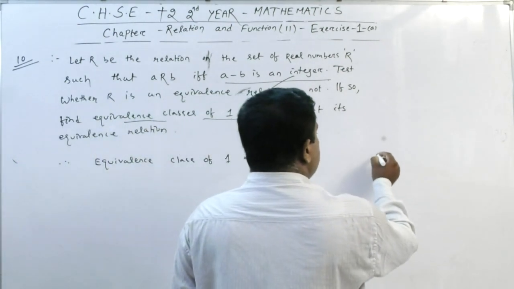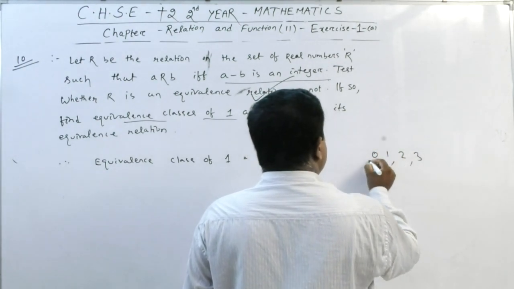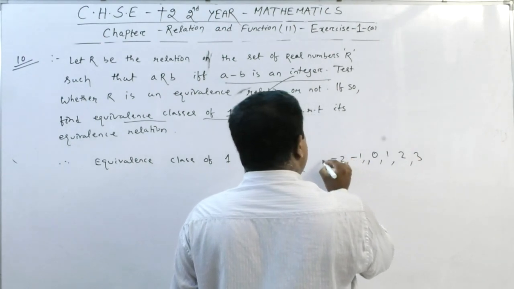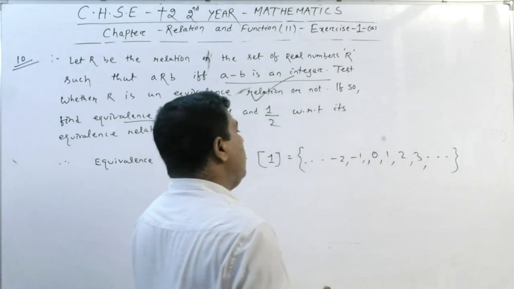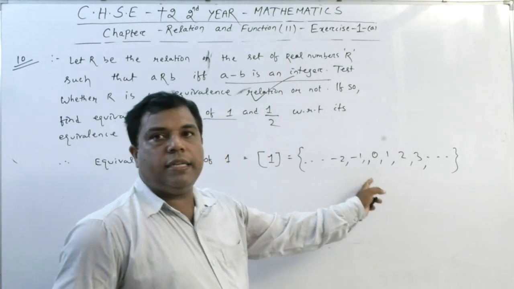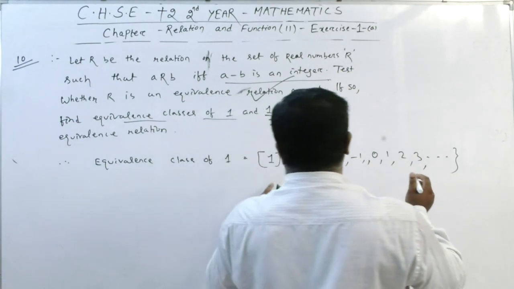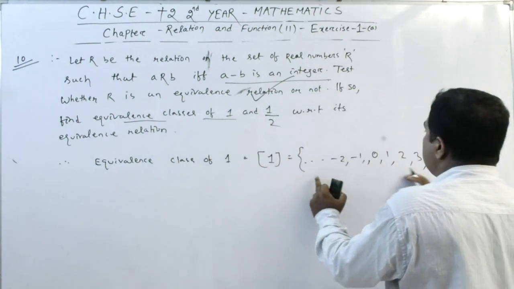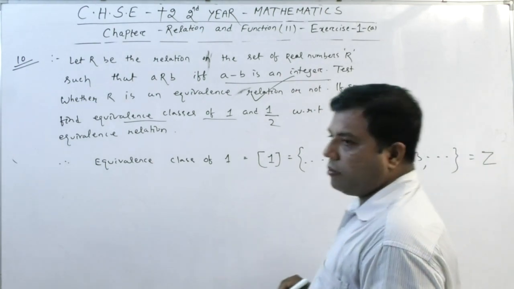It is 0, 1, 2, 3, minus 1, minus 2 and so on, yes or no? If I subtract an integer from 1, I will get an integer. So the equivalence class of 1 is the set Z.